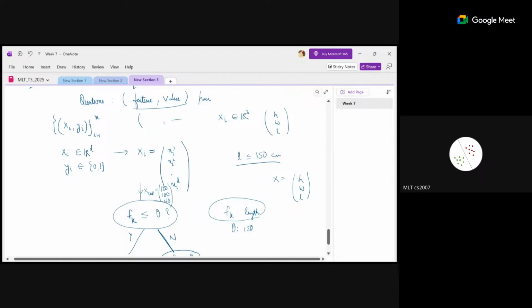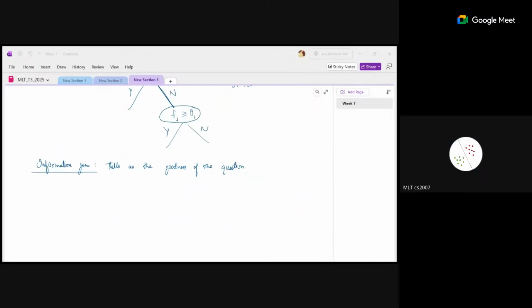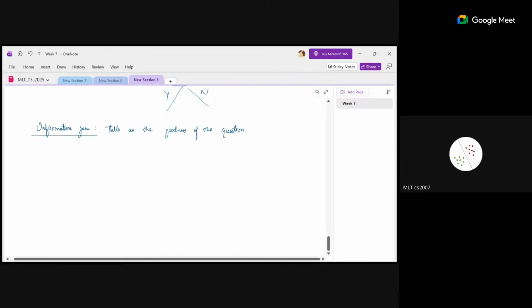Okay, I'll tell you. Highest information gain. So we want highest information gain, but I have not told you yet what information gain is. Yes, it gives you a measure of how good the question is. But in general, if some question you're asking at the parent node or at any node is splitting your data set into two parts, yes, no, right?